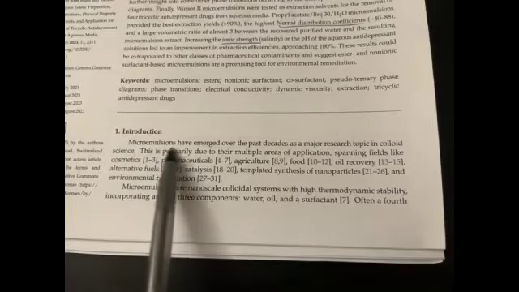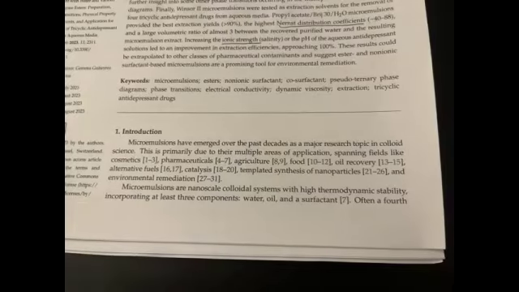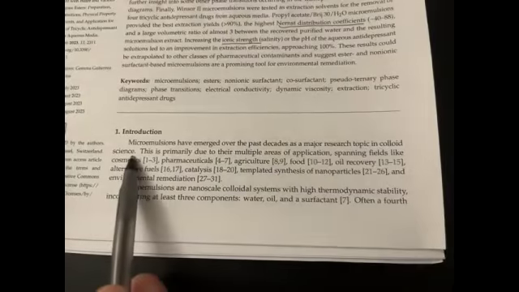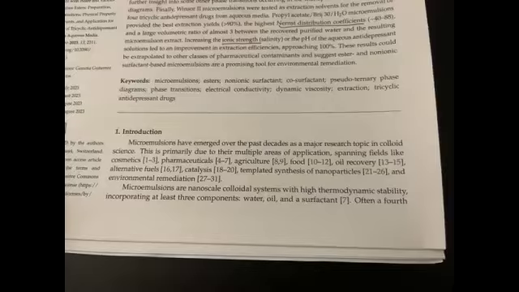But let's start. Microemulsions have emerged over the past decades as a major research topic in colloid science. So microemulsions, we said before, were at their heart water, oil, and surfactants, and sometimes a co-surfactant.